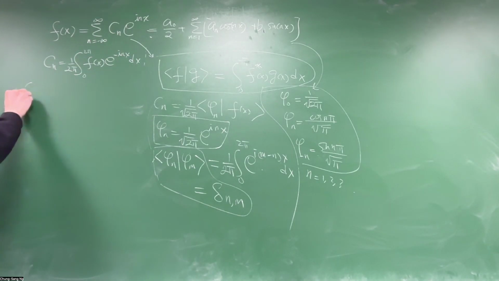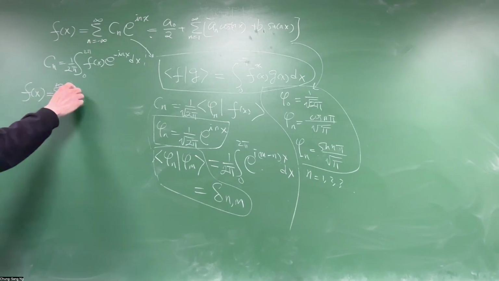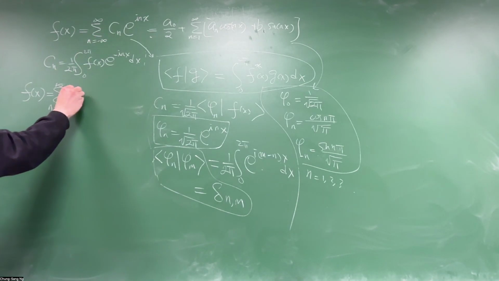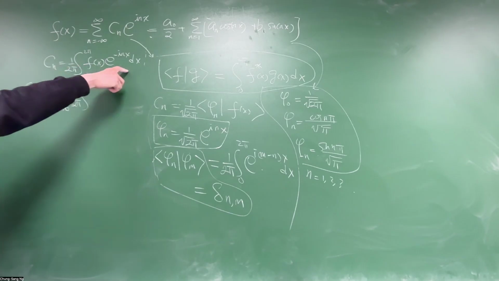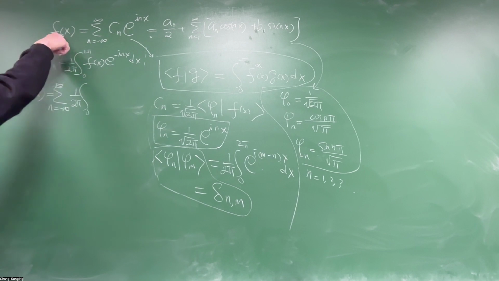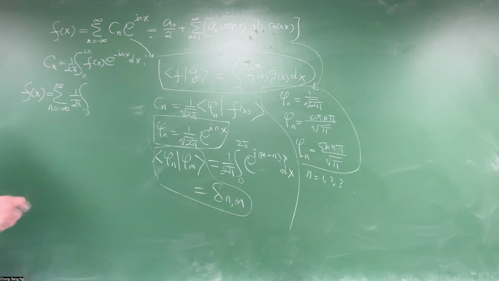So the equation you get is f(x) equals the sum from n equals minus infinity to infinity, substituting c sub n, this expression, into here. When you do that, you need to be a little careful because this x is your integration variable, a dummy variable. Because you already have x here, you need to choose another dummy variable in order to not cause confusion.